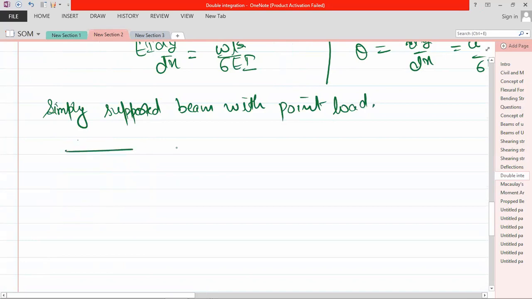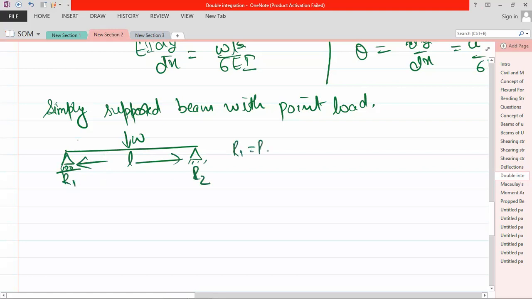Suppose this is a beam, with load W given at the center, and this is your roller support, this is your fixed support, and your W load is acting, this is L. Now, this is R1, this is R2. So you know R1 is equal to R2 is equal to W by 2.